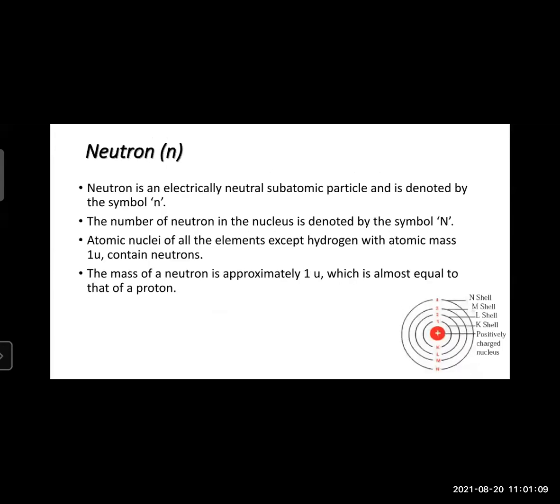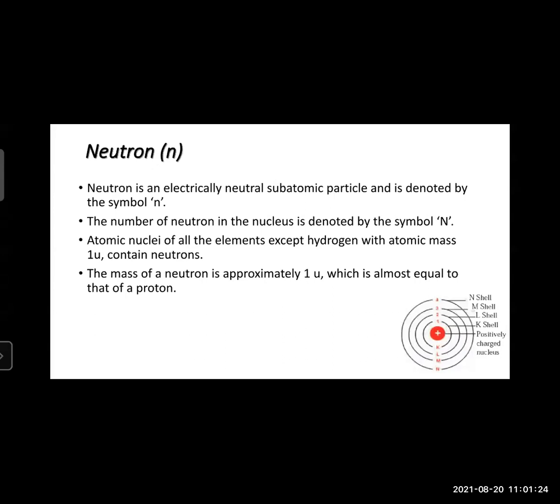Now, the next subatomic particle of the nucleus is called a neutron, and the neutron is an electrically neutral subatomic particle.